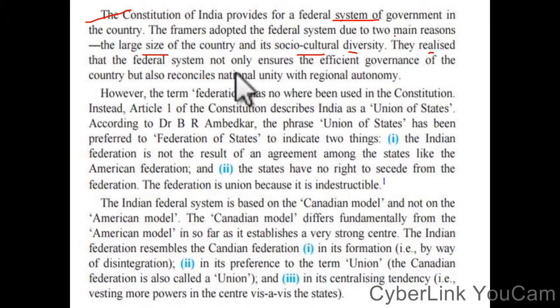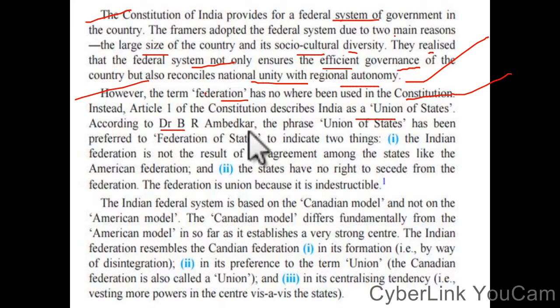They realized that the federal system not only ensures efficient governance of the country, but also accommodates national unity and regional autonomy. However, the term federation has nowhere been used in the Constitution. Instead, Article 1 describes India as a union of states.